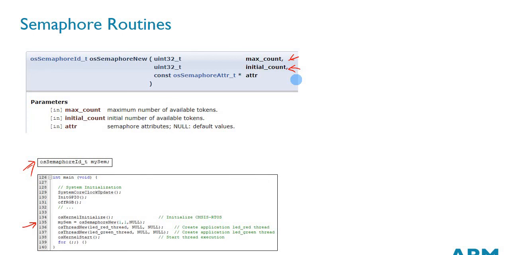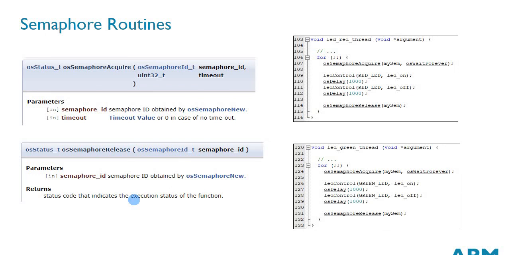Now in this sample code, I've given max count and initial count both as 1, both as value 1. And if you look at this sample code, I've used semaphores in a similar way to using Mutex. Basically before I access this shared resource, in this case the LED, I acquire the semaphore.